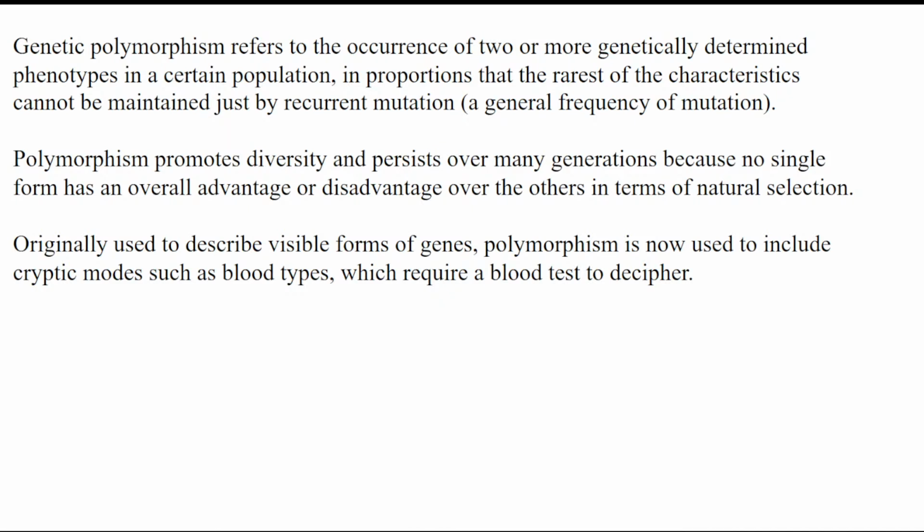The genetic polymorphism refers to the occurrence of two or more genetically determined genotypes in a certain population in proportions such that the rarest cannot be maintained just by recurrent mutation.